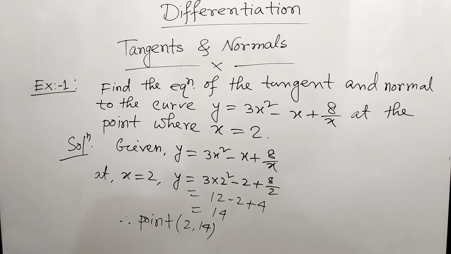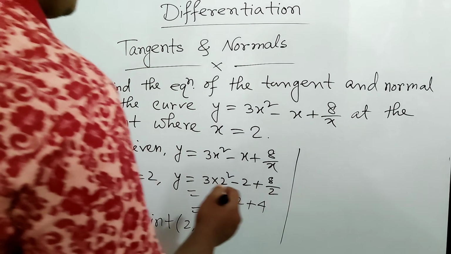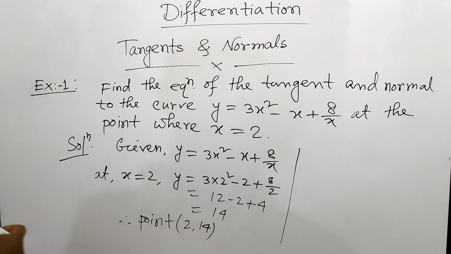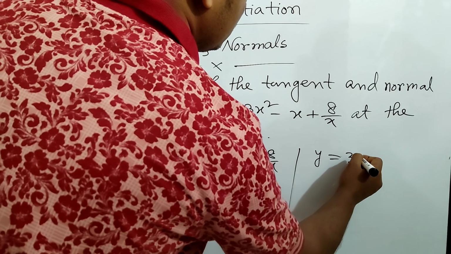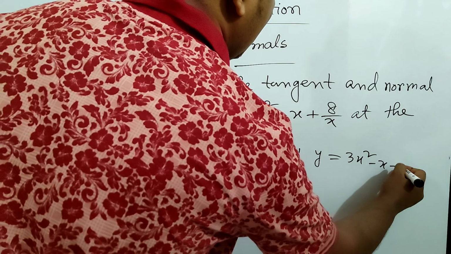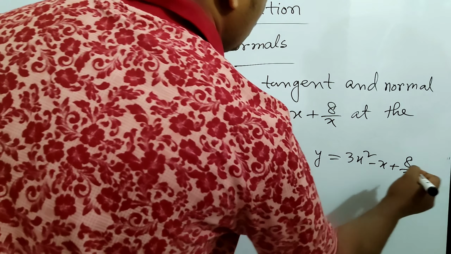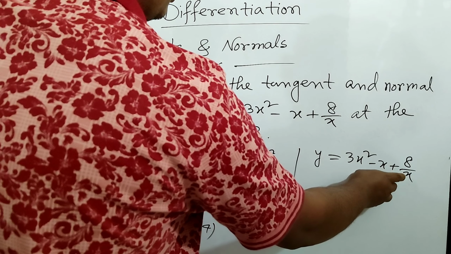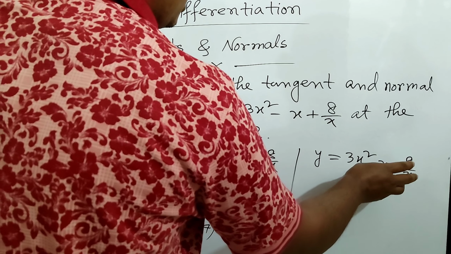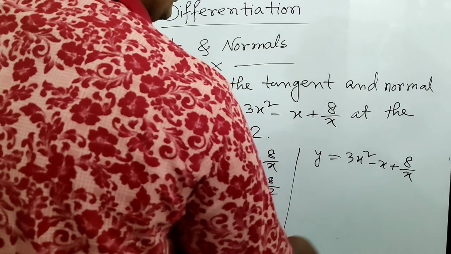Now next we need to find the value of the gradient. Here y = 3x² − x + 8/x. So now we need to differentiate this curve, that means we need to do the differentiation for this equation.